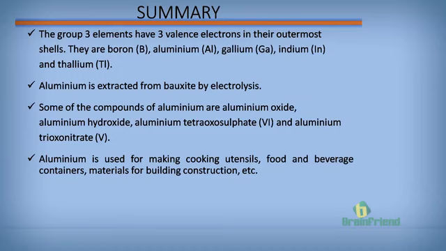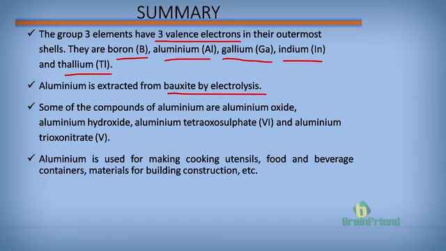We said that the group 3 elements have 3 valence electrons in their outermost shells. The group 3 elements are boron, aluminium, gallium, indium, and thallium. We also said that aluminium is extracted from bauxite by electrolysis. And we mentioned some compounds of aluminium.